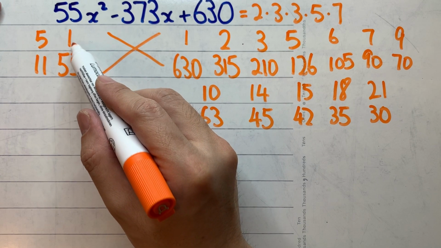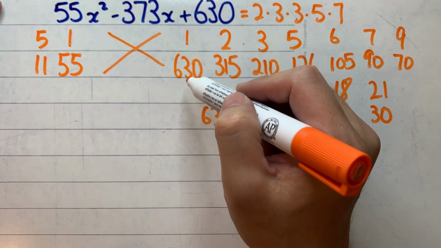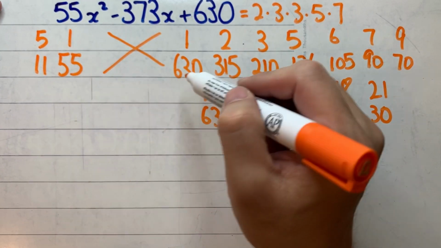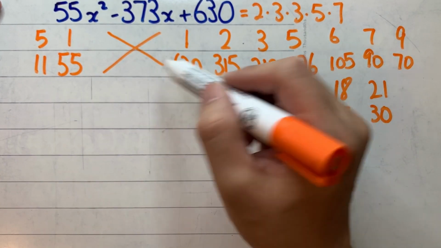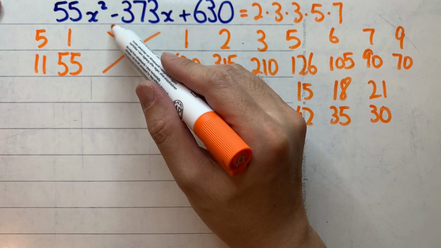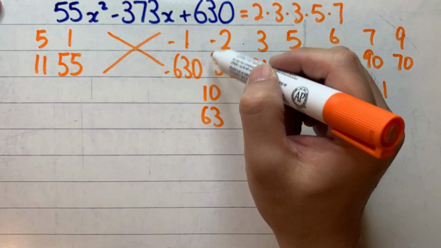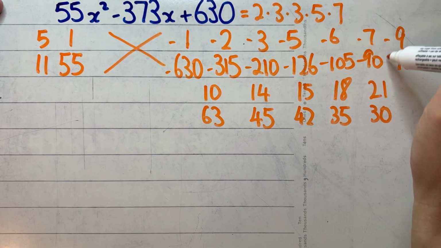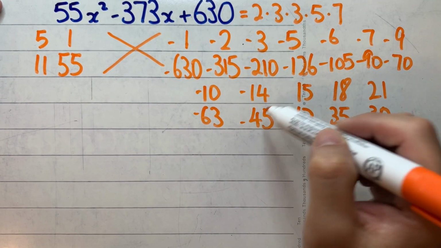We're going to skip the 1 and 55 and 1 and 630. In fact, these are not good pairs to start with because this is 600 and this is 50. It's not close. Also, this is a negative, so all my factors here are all negative.